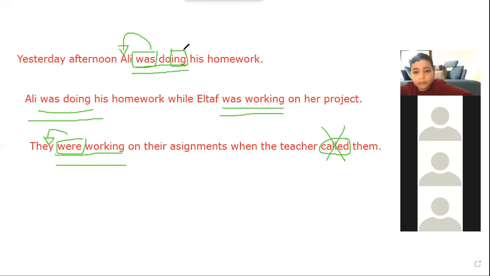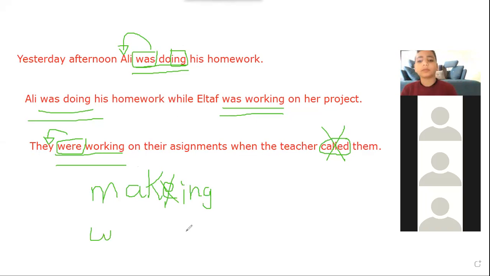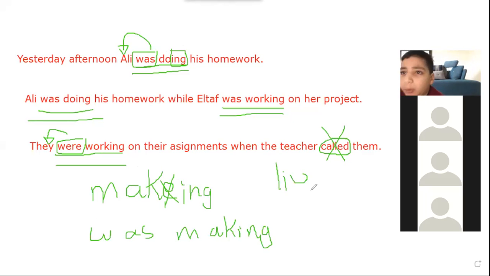So Ali was doing. Remember something. When the verb ends with e, like make, we have to cross out the e, then add ing. So we say I was making. I cross out the e and I add ing. That's what the rule says. Or if the verb ends with ie, like lie, I cross out the ie, then I put ying.